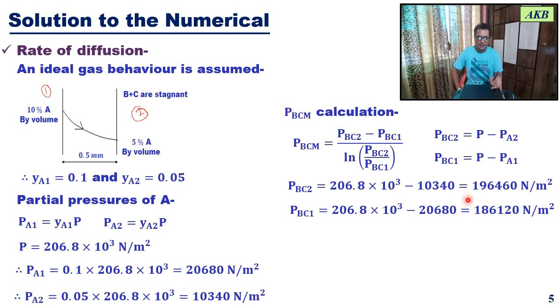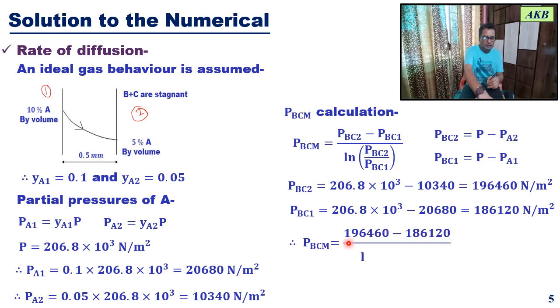If you have any doubts in any of the steps, please mention that in the comment section. Okay, now once PBC2 and PBC1 both are known to us, you can straightforwardly do the calculations for PBCM.